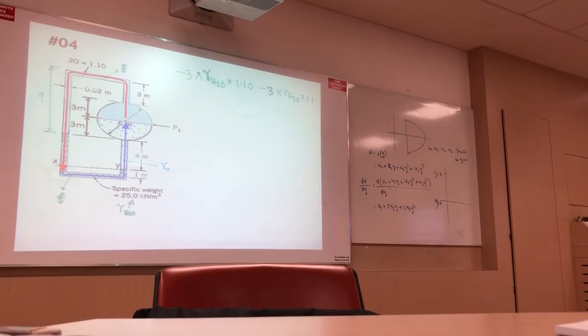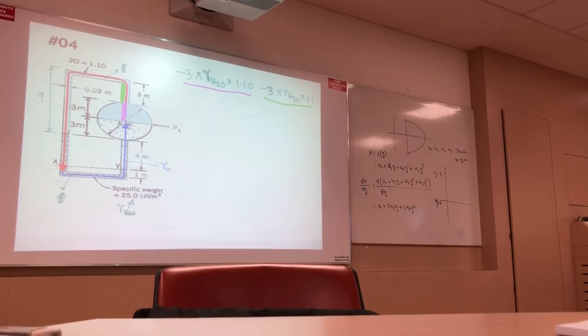I start from here, from here to here, is this value: minus 3 times gamma water specific gravity. This is the height. And after that I choose this value, minus 3 because it's moving upward, minus 3 times gamma times 1.1.